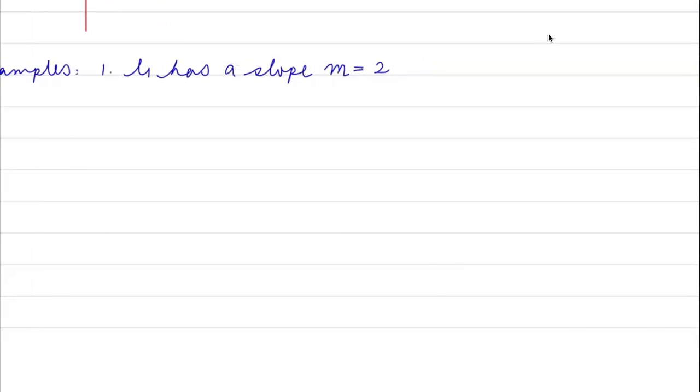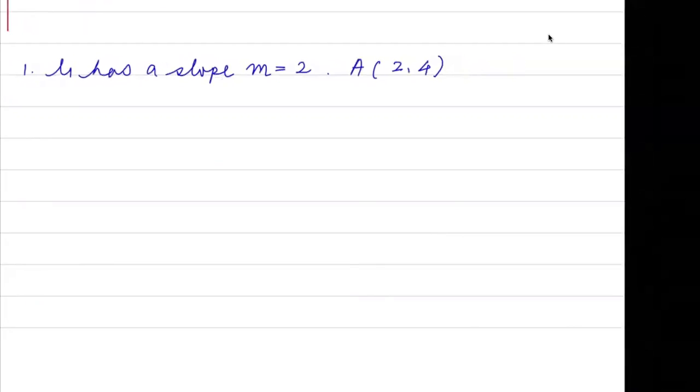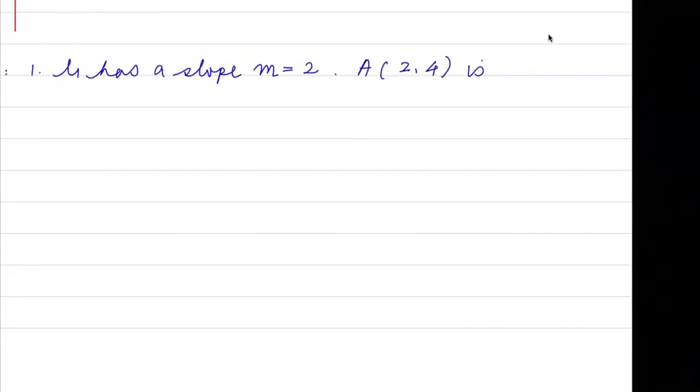We know L1 has a slope m is equal to 2. And we also know that point A, let's say 2, 4, is on the straight line, is on L1.